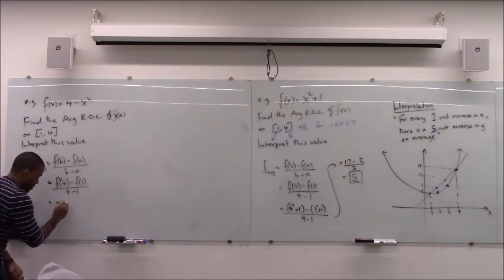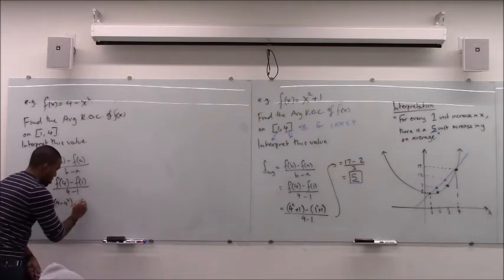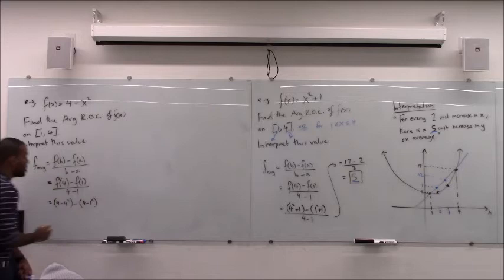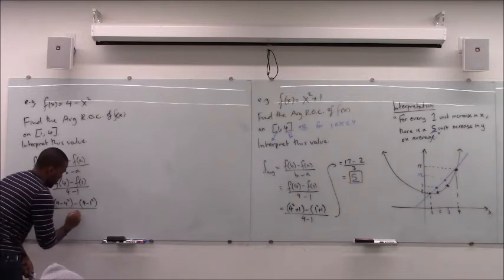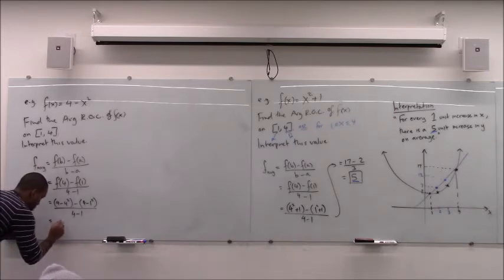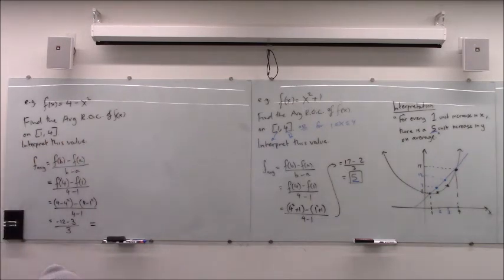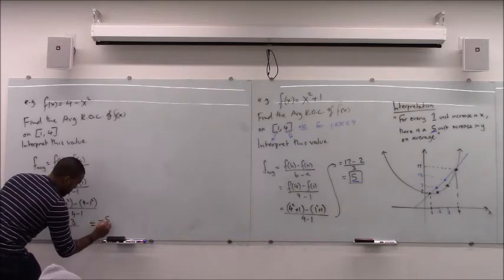It's 4 minus 4 squared, minus 4 minus 1 squared, all over 4 minus 1. That's 4 minus 16, that's minus 12, minus 4 minus 1, that's minus 3, all over 3. So you notice here, on top I get negative 15 over 3, that's negative 5.